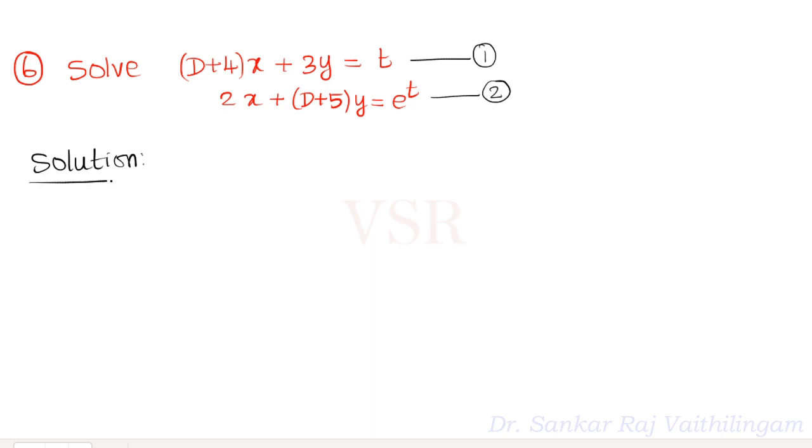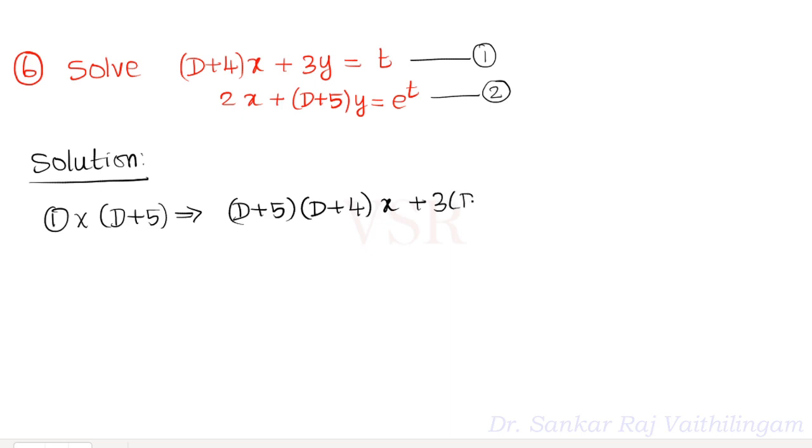What we have is this: I multiply this equation by D plus 5. So the first equation into D plus 5 implies (D plus 5)(D plus 4) of x plus (D plus 5)(3) y equals (D plus 5) times t.